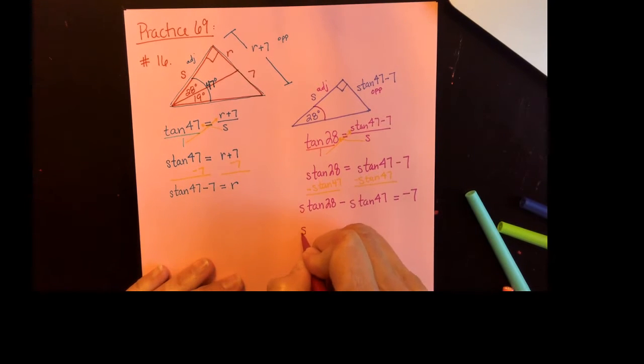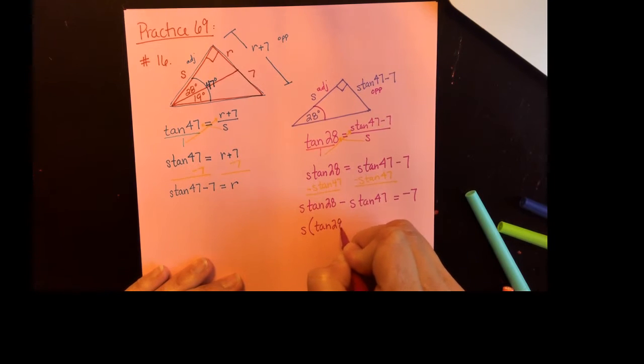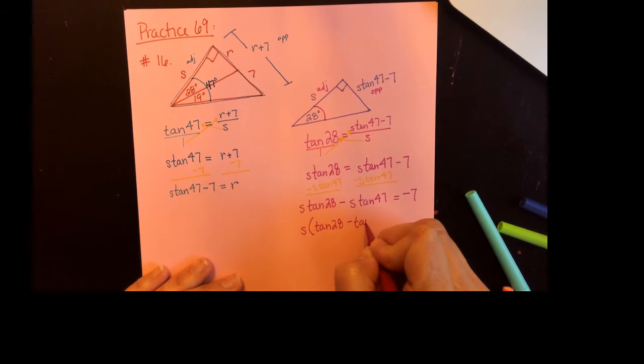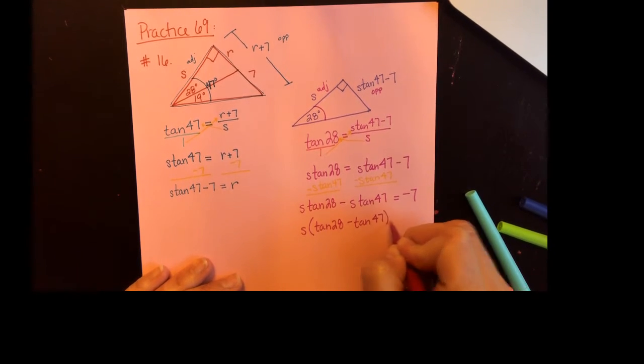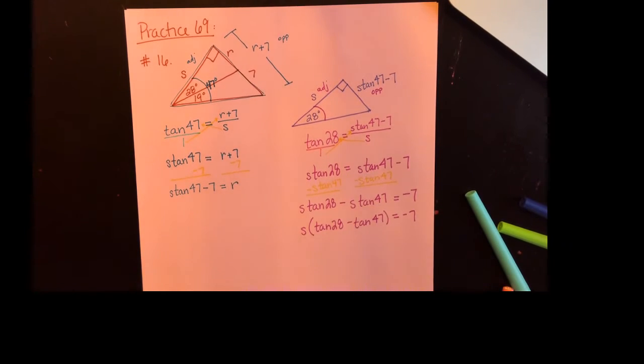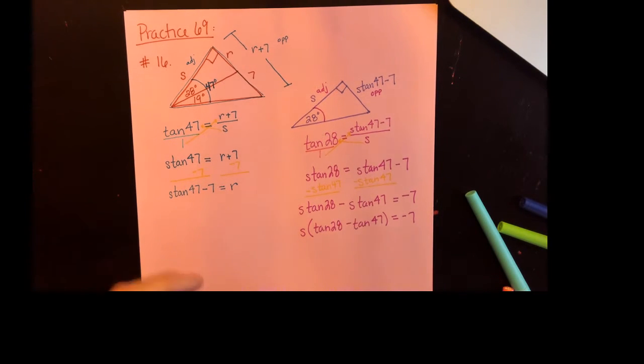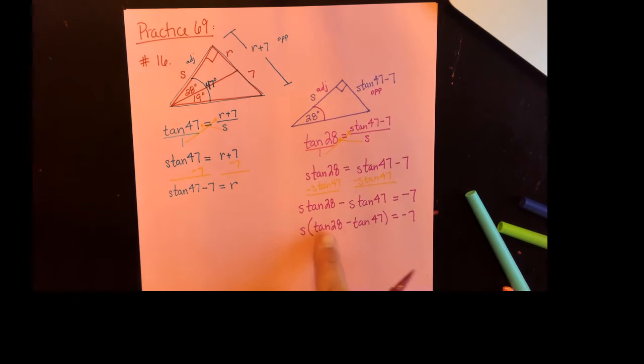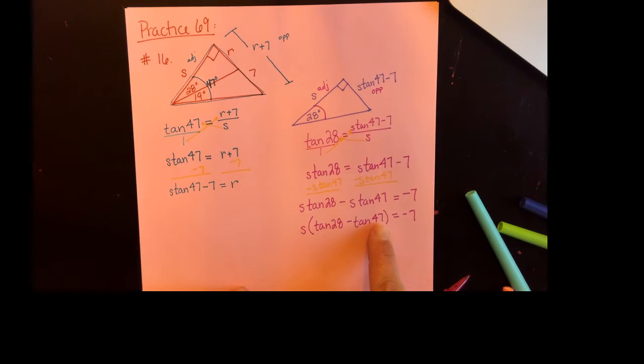So now we have s times tangent 28 minus tangent 47. So s times this number is equal to -7. Now it's crazy looking, but it's a number, and I could have put it all in my calculator with a decimal and just had one decimal times s, but this now at least will give me an exact value.